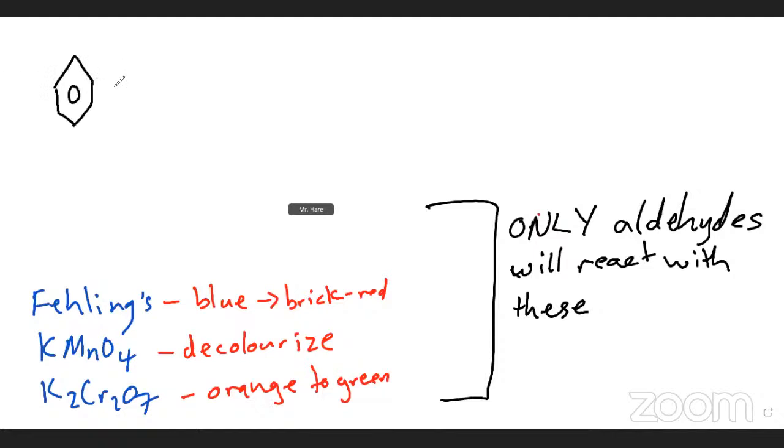I want you to tell me reagents and conditions if conditions are needed. So how do I go from this to this? Which reagent? Concentrated nitric acid and concentrated sulfuric acid.